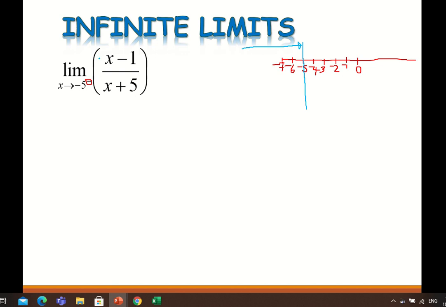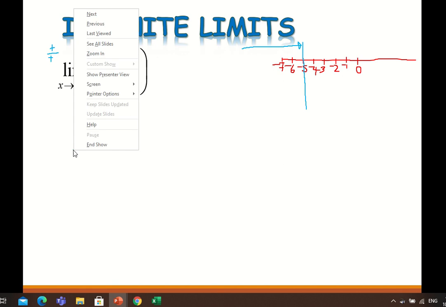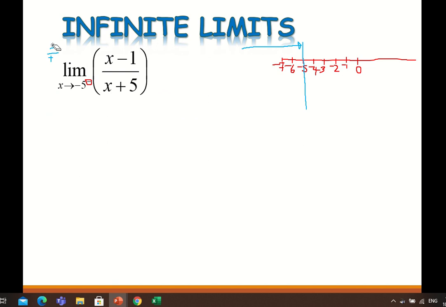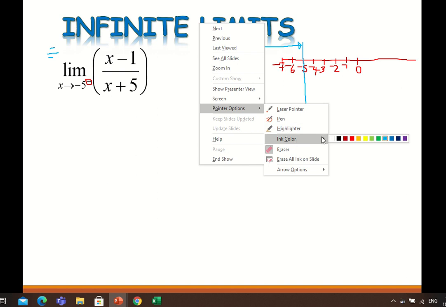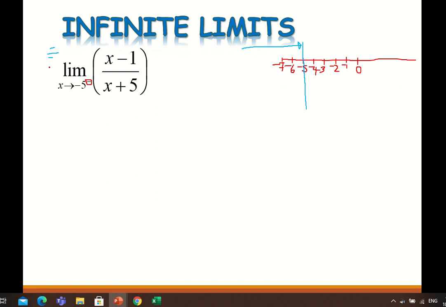So we have negative at the numerator and negative at the denominator, so that would be positive. The numerator is negative, the denominator is negative, so you have the overall result as positive.